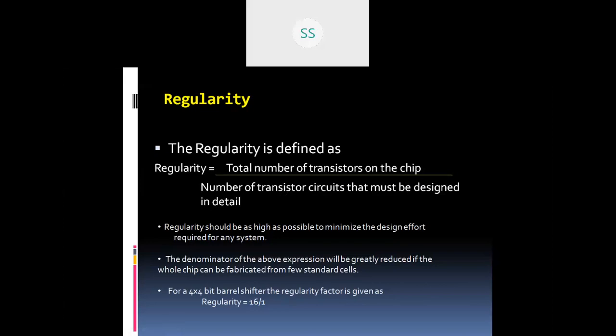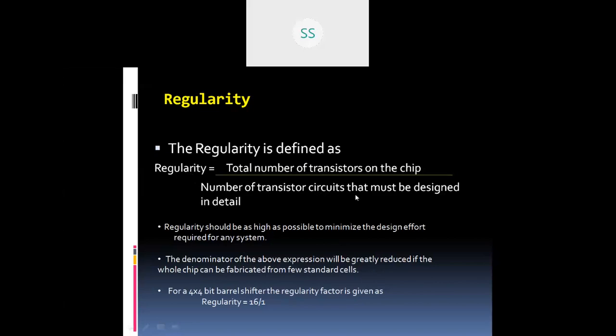Through an example it can be better understood that the denominator of the above expression will be greatly reduced if the whole chip can be fabricated from a few standard cells. What is the means of getting a high value? The denominator value must be reduced, which is possible if the whole chip can be fabricated from very few standard cells.